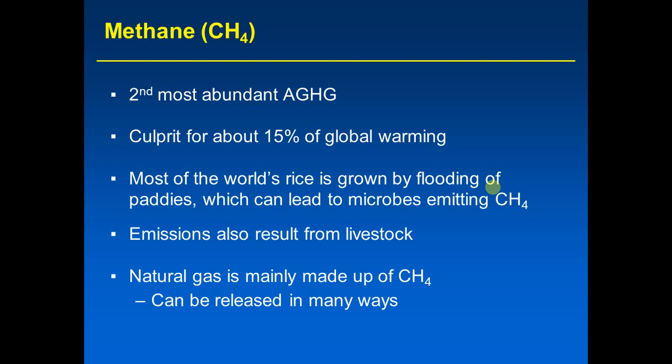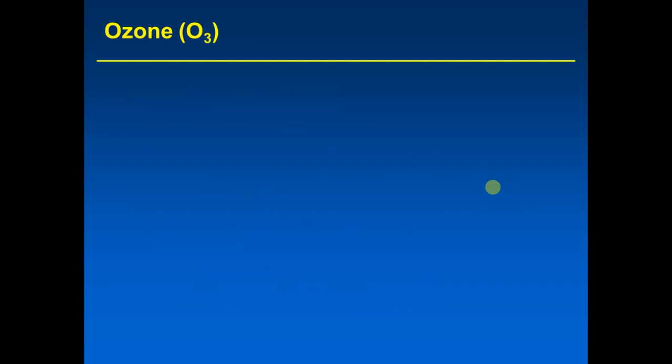All right. Now, ozone, or O3. Of course, we know it's very important in the stratosphere. That's where almost all the ozone in the atmosphere is. It protects humans from ultraviolet radiation from the sun. We talked about the ozone layer.